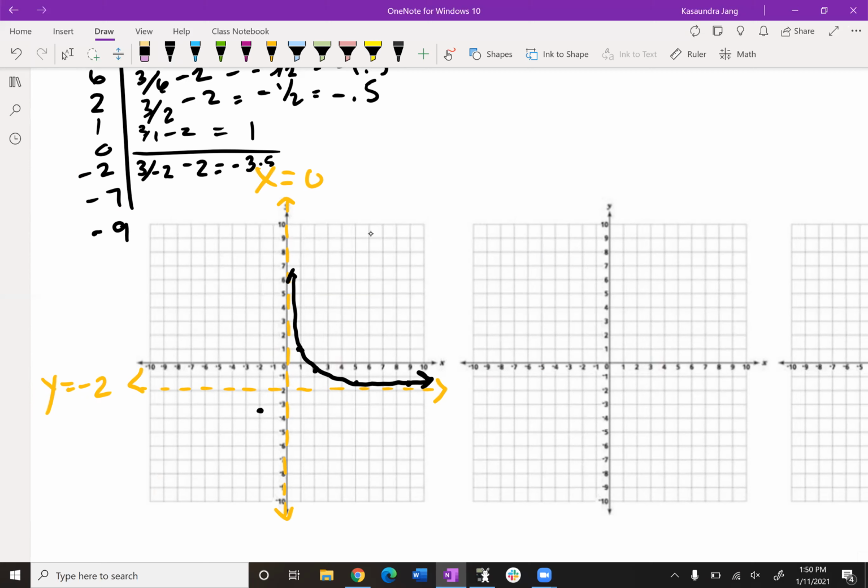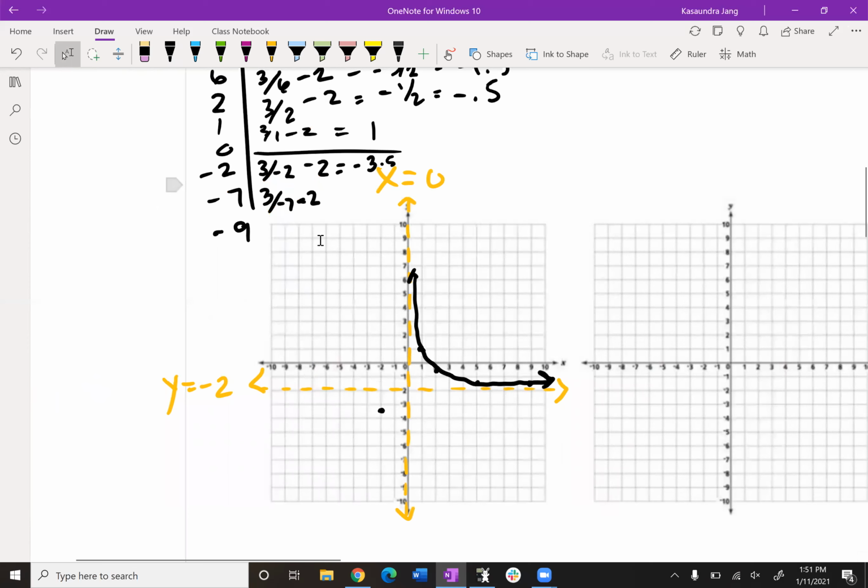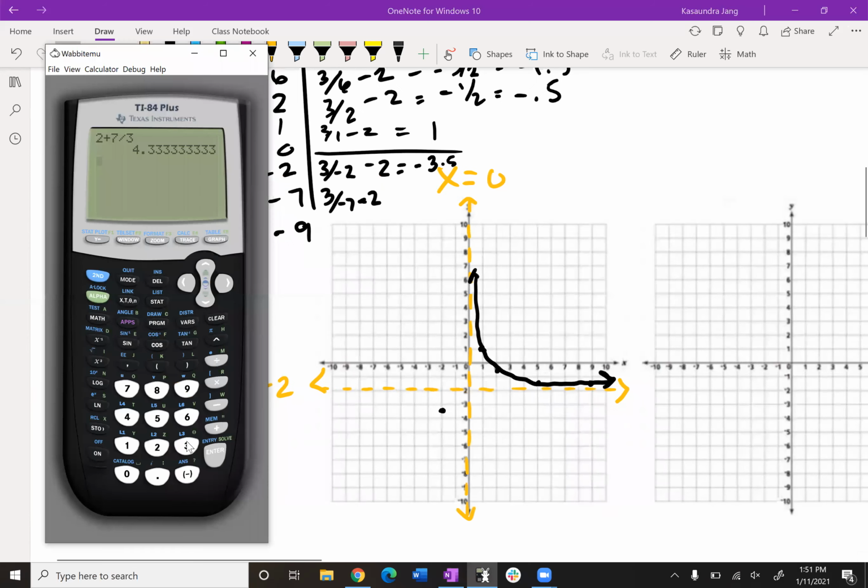All right, so I plugged in my -2. I'm gonna plug in my -7. All right, very messy. Should we get the decimal form of that? Let's get the decimal form. 3 divided by -7 minus 2. So I got -2.48, blah, blah, blah.